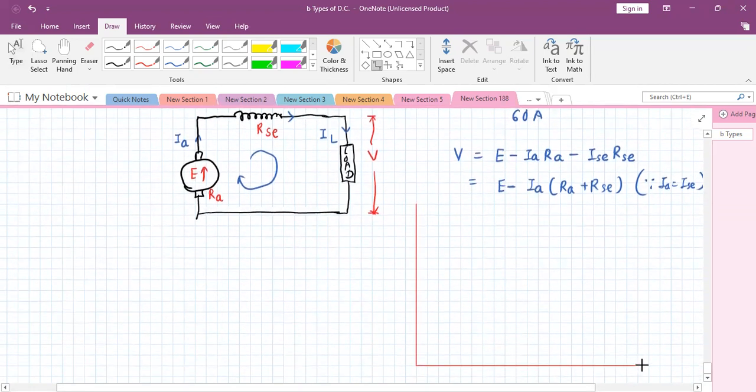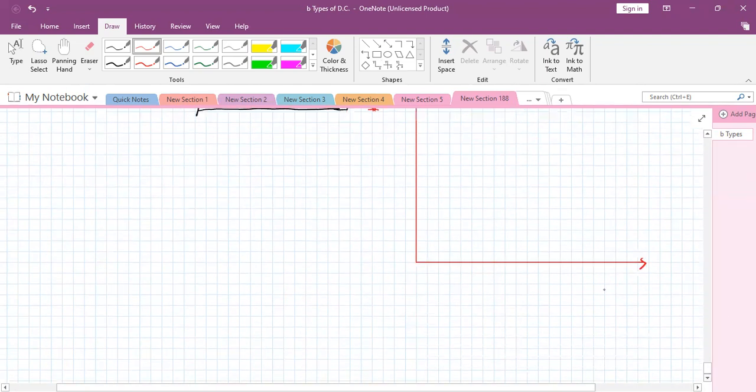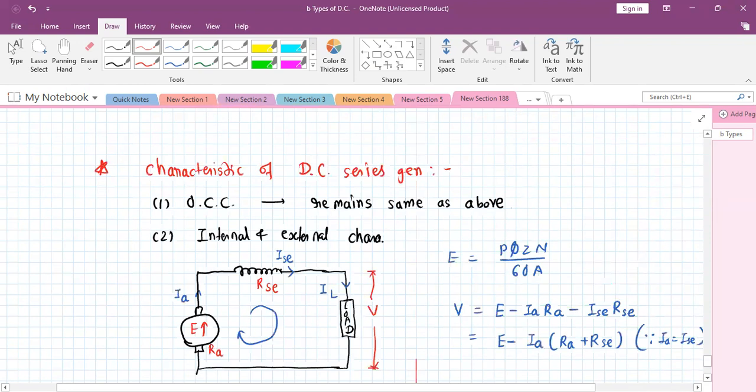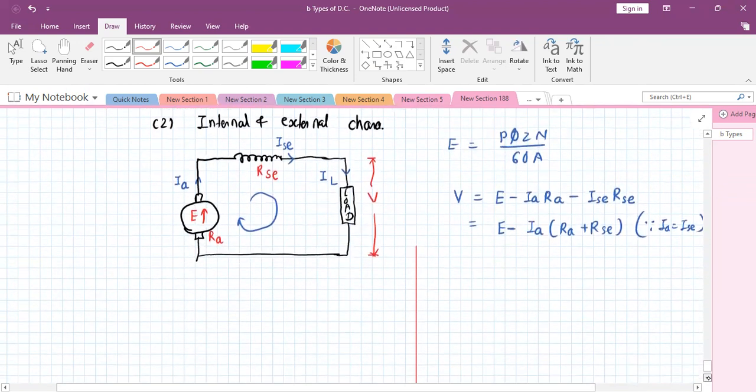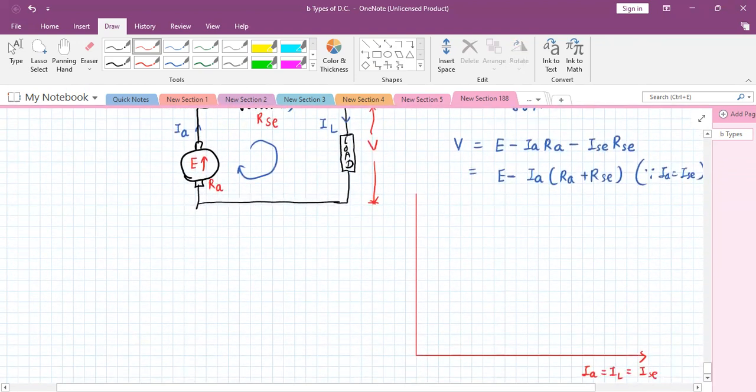See over here, on the x-axis I can write all the currents because all currents are same. So here I am writing IA is equal to IL is equal to ISC. And here I am writing E or V, whatever.